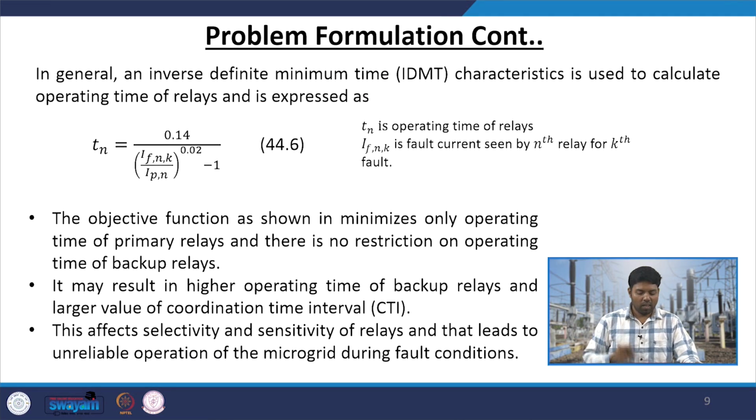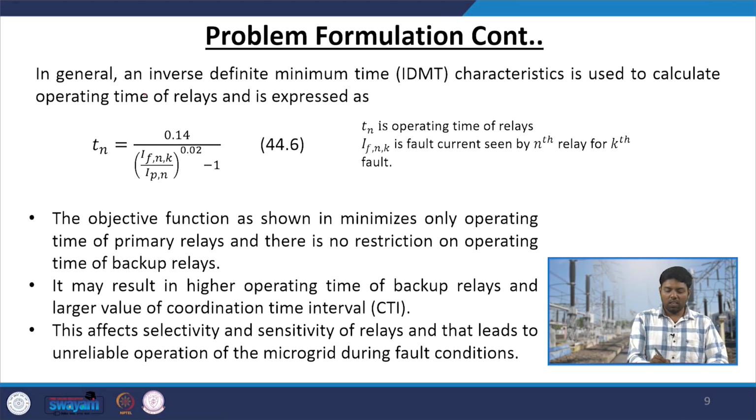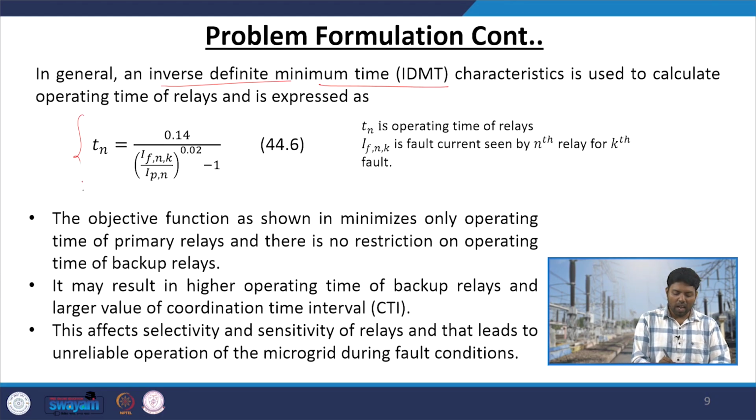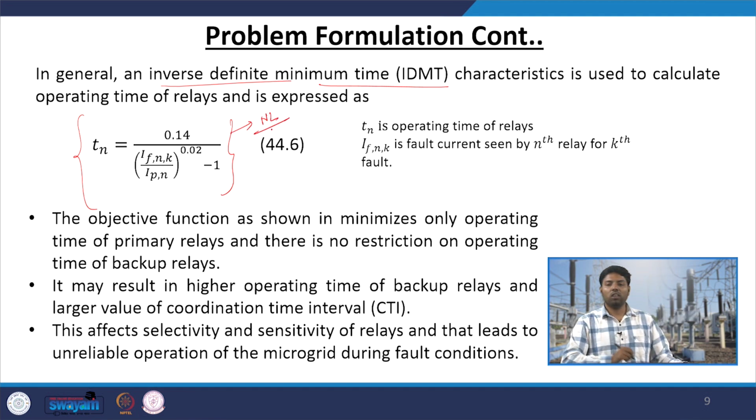Normally in overcurrent we follow the inverse definite minimum time characteristics, and with that the time of operation of the overcurrent relay, depending upon the pickup current setting and the fault current, is given by this equation. It is a nonlinear equation. That is why we said the relay coordination optimization problem is a nonlinear optimization problem, because you have to set this equation into your objective function.